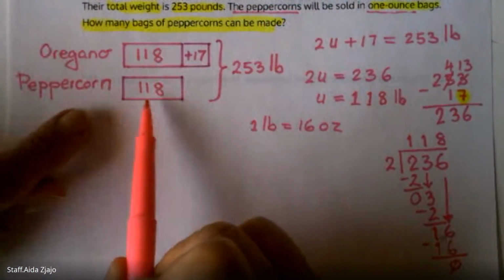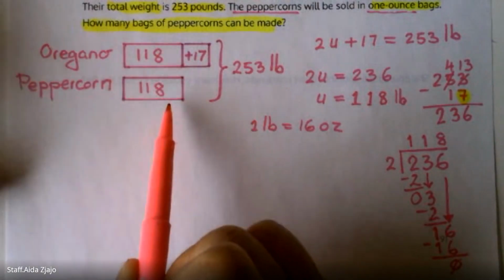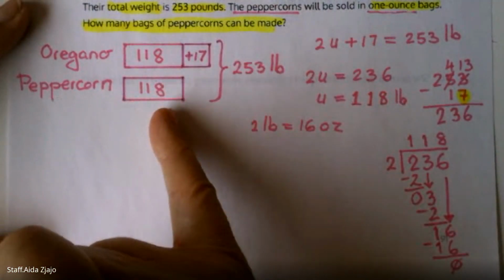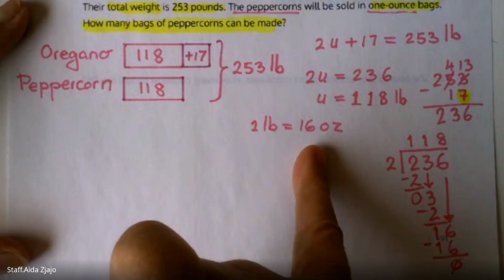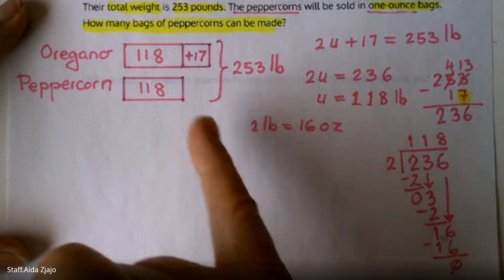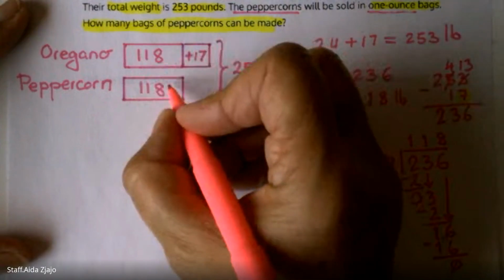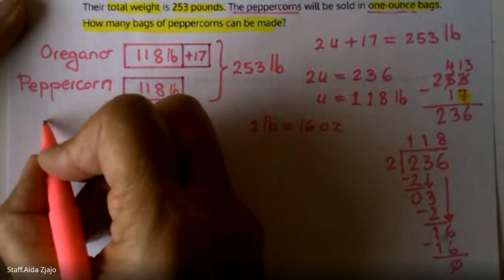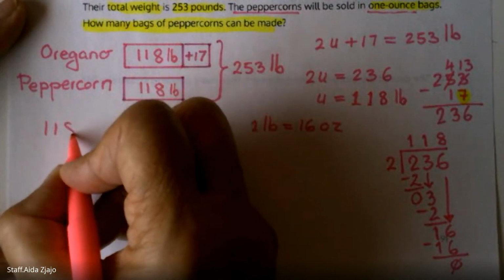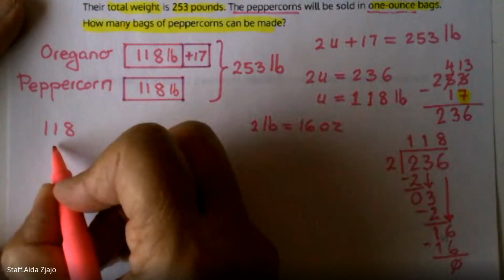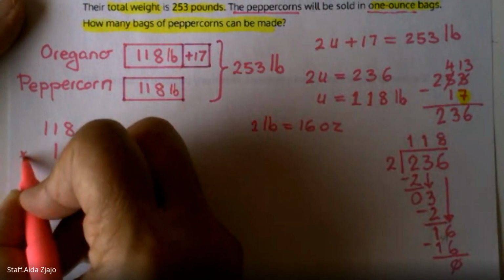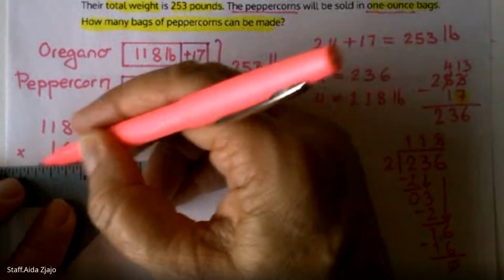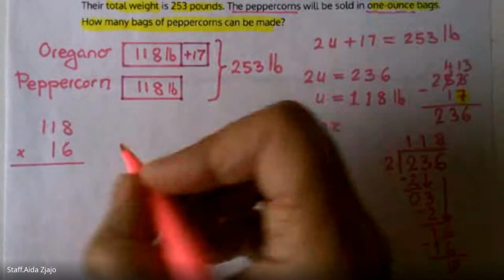So peppercorn is 118 pounds. Then we need to multiply that by 16 in order to get how many ounces is 118 pounds. So 118 times 16 would be our solution for how many ounces are in 118 pounds.